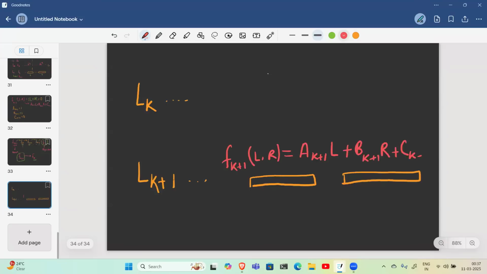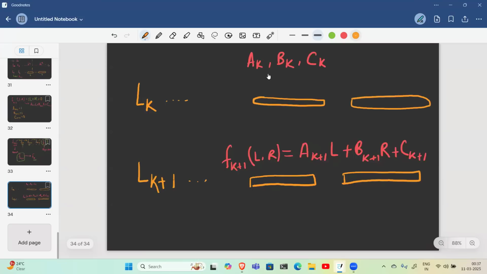What do I mean when I say that this function f k plus 1 is known? That basically means I know the coefficients a k plus 1, b k plus 1, and c k plus 1. All these 3 are known. Now I will try to find out the coefficients a k, b k, and c k. That is my objective, right? So here come the gates of the kth level.